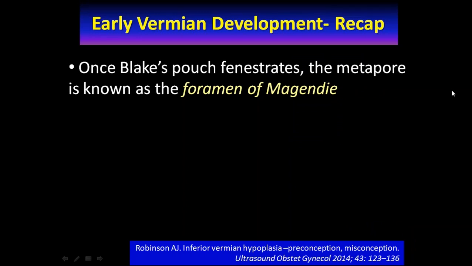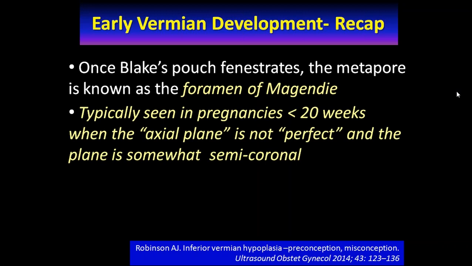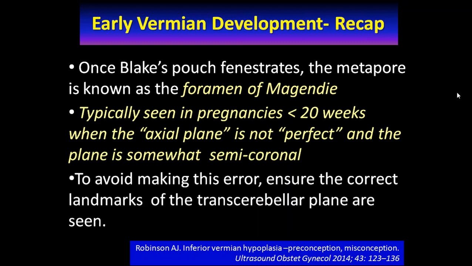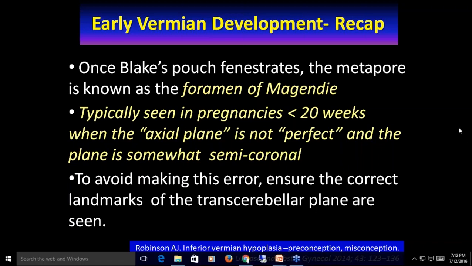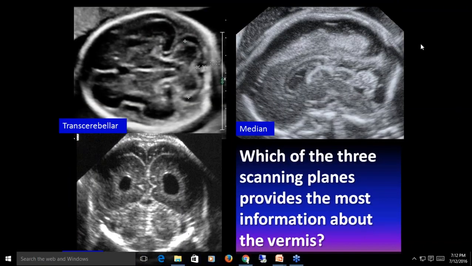So let's recap what I have gone over so far. Once Blake's pouch fenestrates, the metapore is known as the foramen of Magendie, typically seen in pregnancy less than 20 weeks when the axial plane is not perfect and the plane is somewhat semi-coronal. To avoid making this error, ensure the correct landmarks of the transcerebellar plane are seen.